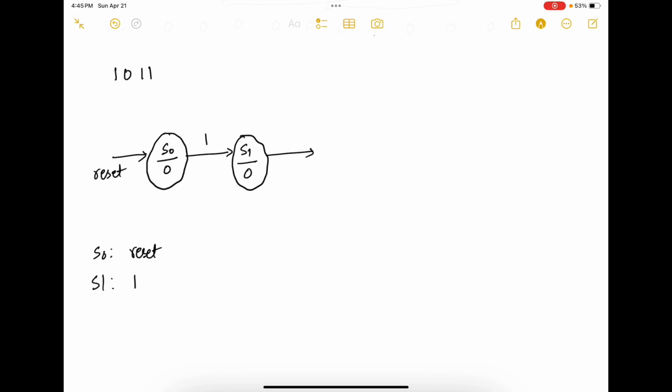Next, you get a 0. You move to state S2 with the output 0. S2 is a state which can be reached by having the input pattern 1 0 from the reset state. Next, S3. From S2, if you get a 1, you move to S3, but your output is still a 0.